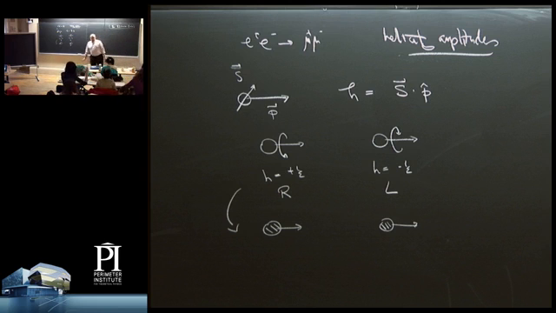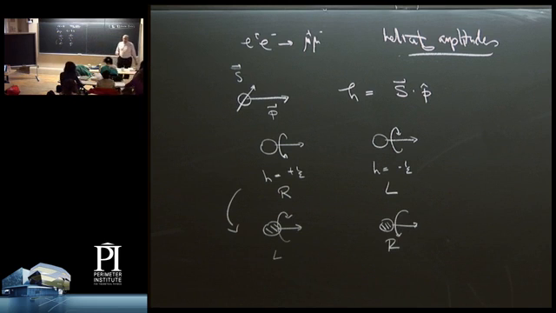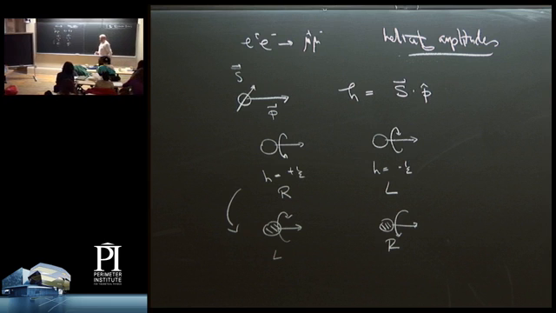But it's most useful when you think about helicity for massless particles, because a massless particle always moves at the speed of light. And so whatever you do to it, however you rotate it or even boost it, it's always still moving at the speed of light. For a massless particle, the helicity is a well-defined Lorentz invariant quantum number.